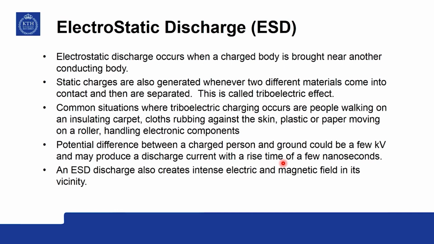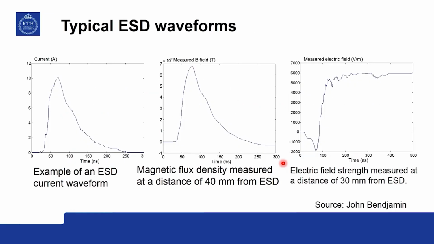Then within electronic components, ESD also creates intense electric and magnetic fields in its close vicinity. So, it can couple to other adjacent printed circuit tracks and create problems. What is shown here are some typical ESD waveforms. This is an example of a current waveform, time in nanoseconds and current in amperes.